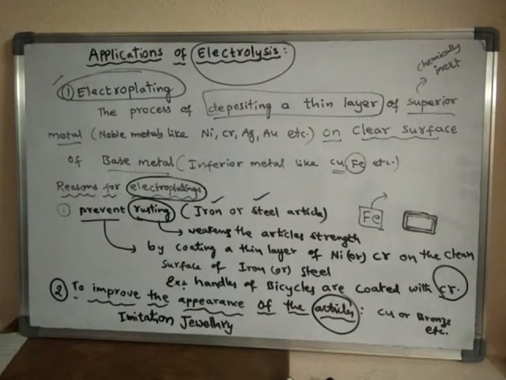Next, for doing electroplating, there are certain conditions. Unless those conditions are met, the electroplating cannot be done perfectly.